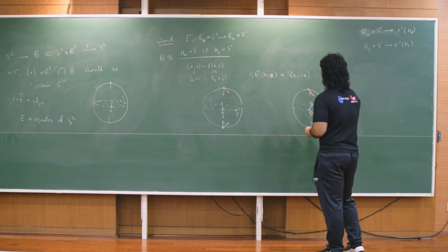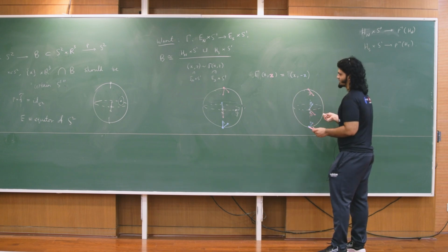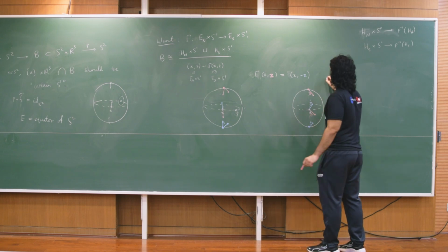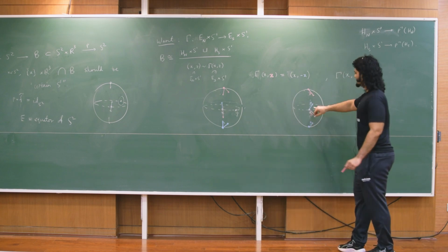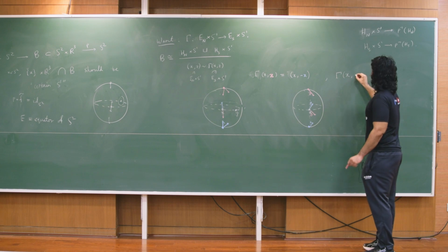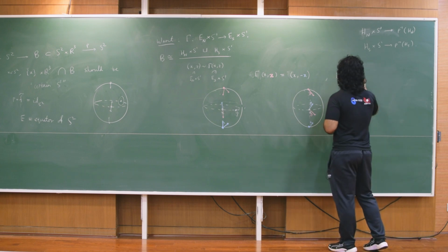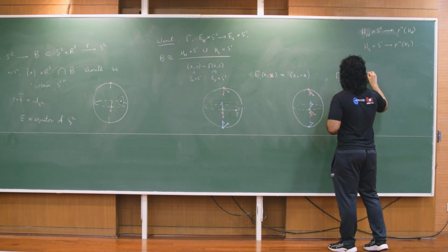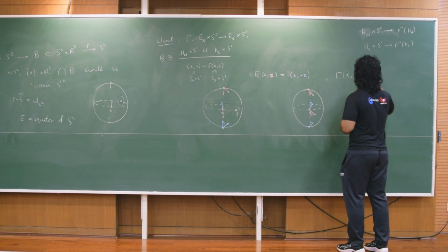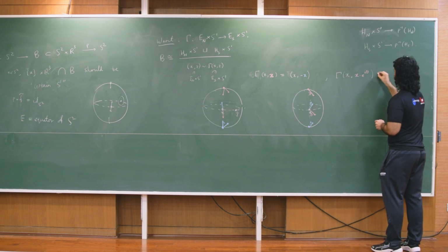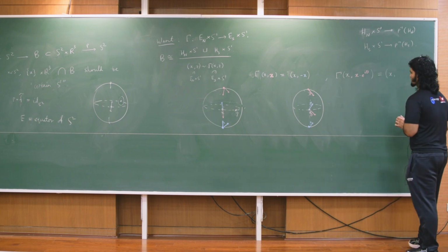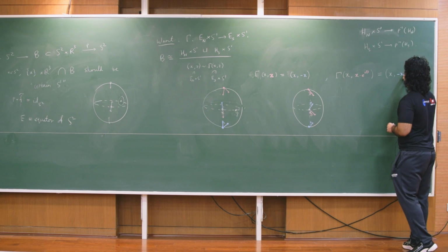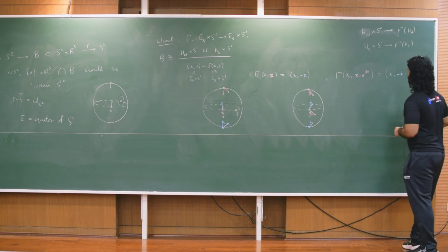So what this is suggesting, and I'm hand waving a bit, but obviously this can be made precise, is that if I take the point x, and at the point x I take the direction x times e to the i theta, then this is coming out to be x comma minus x times e to the minus i theta.